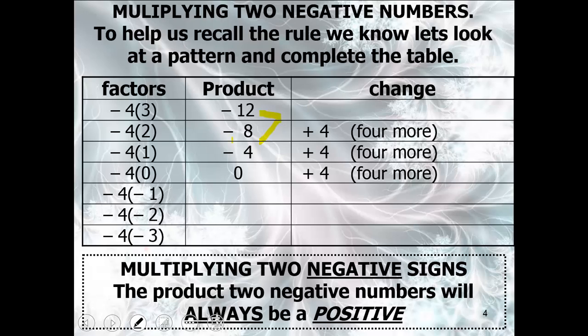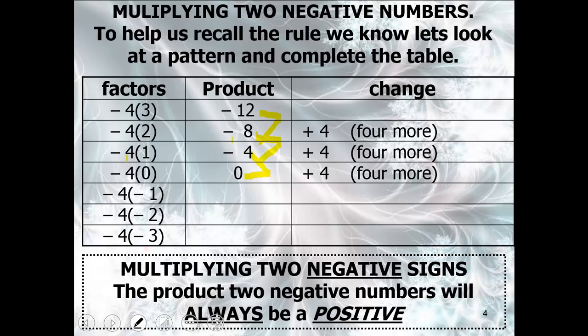Notice the difference here is a positive 4. Negative 8 is 4 more than negative 12. Negative 4 times 1 is negative 4. Notice that this difference is 4 more. Negative 4 times 0, well, anytime you multiply a number by 0, you get 0. Notice that 0 is 4 more than negative 4.